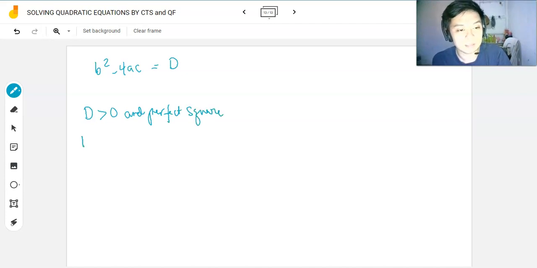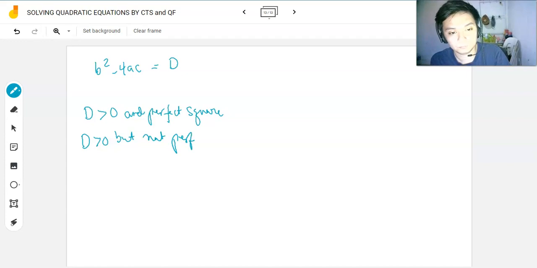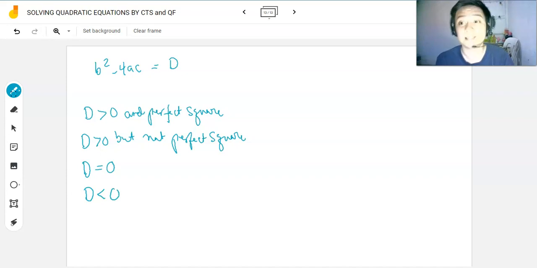Pwede rin namang D is still positive but not perfect square. Tapos, D is exactly equal to 0. And then, panghuli, D is negative or in symbols, less than 0.